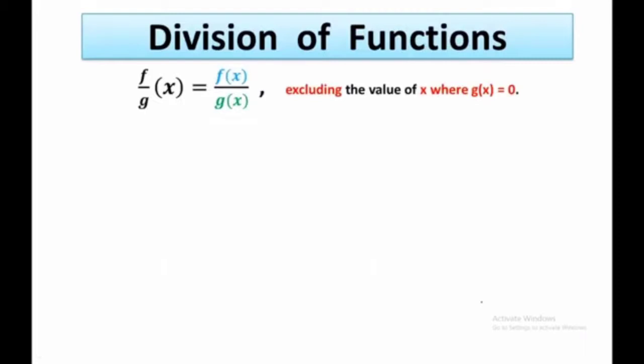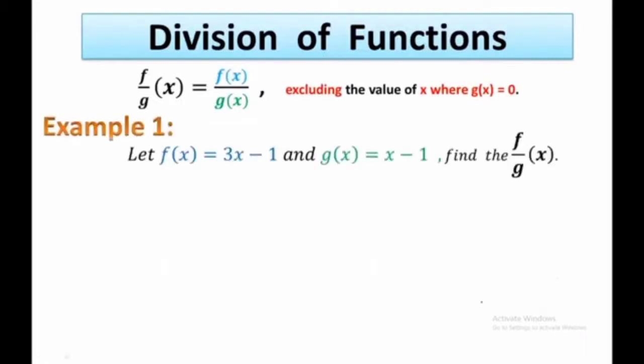So let us have an example, number 1. Let f of x is equivalent to 3x minus 1 and g of x is equivalent to x minus 1. Again, the f function of x is 3x minus 1 and g function of x is x minus 1. Find the f over g of x, or the quotient of f and g function of x.